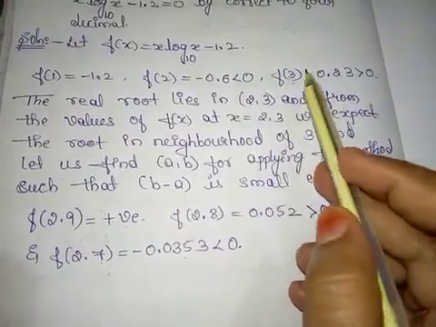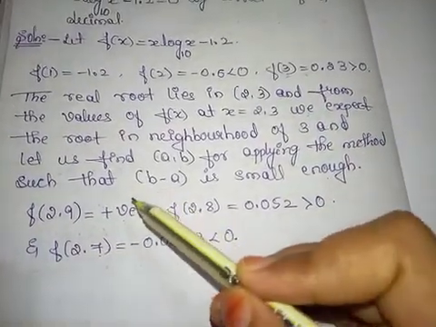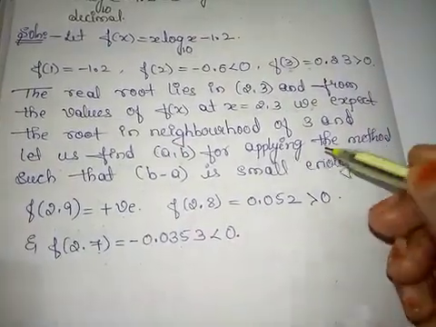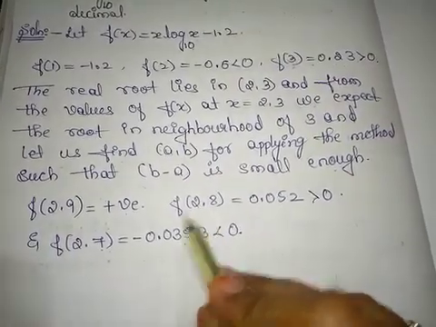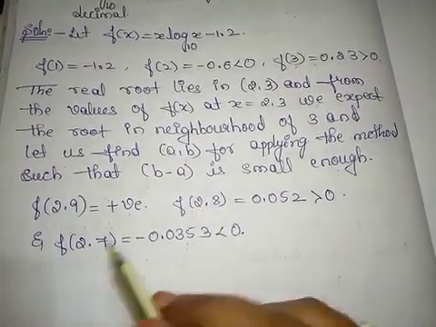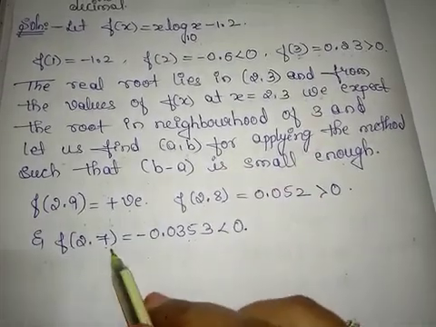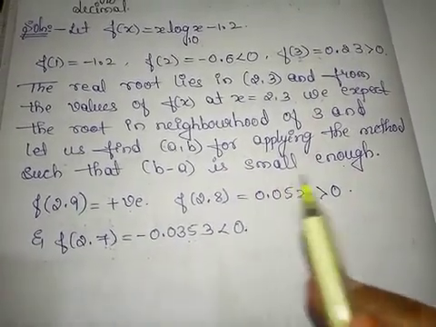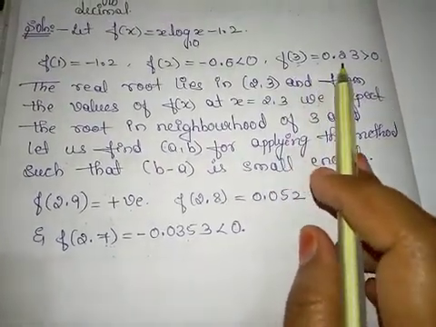Because when we take the difference 3 minus 2.7, we get 0.3. But when you take b minus a, where b is 2.8 and a is 2.7, 2.8 minus 2.7 gives 0.1. 0.1 is small enough as compared to 0.3.